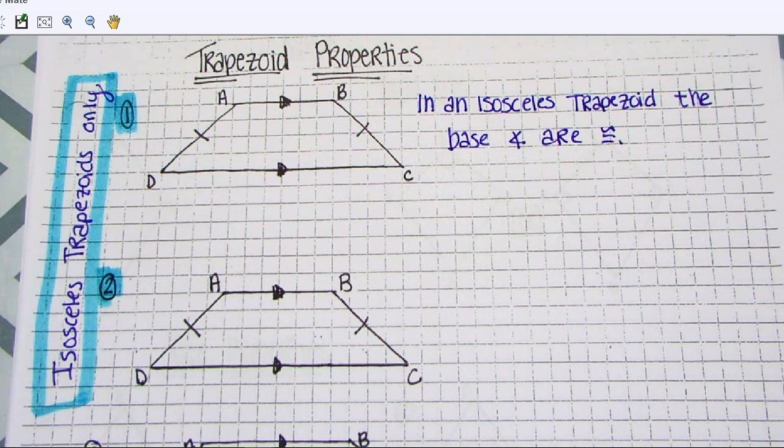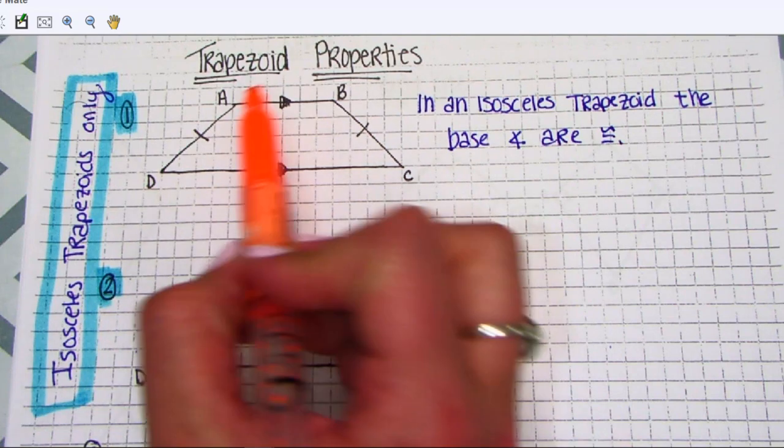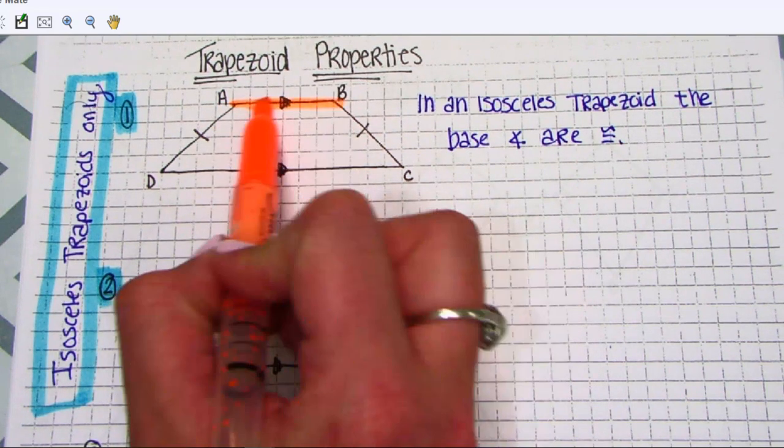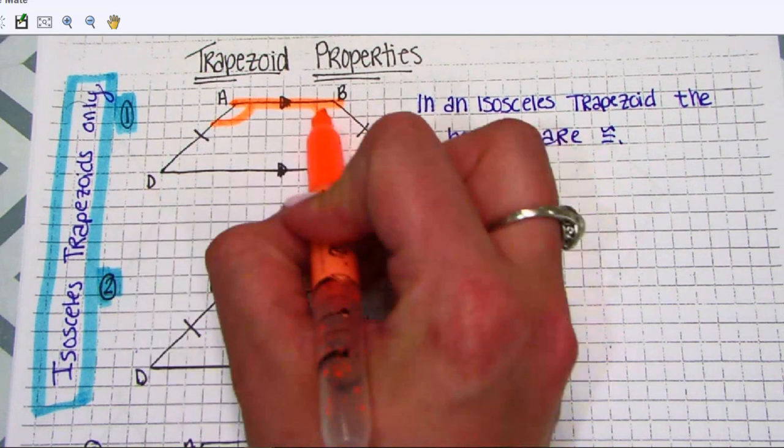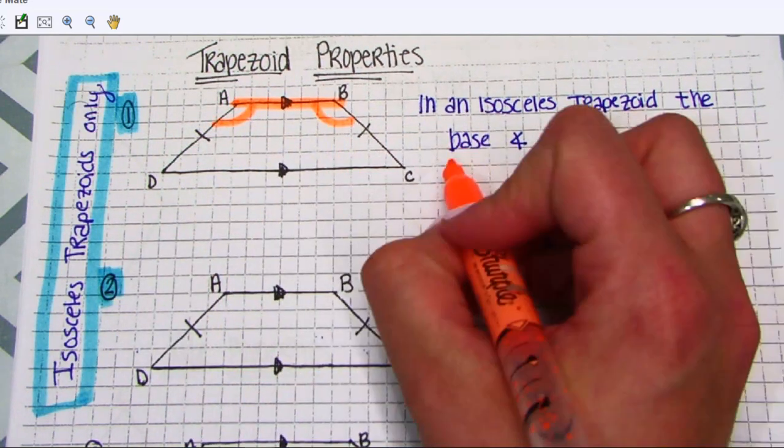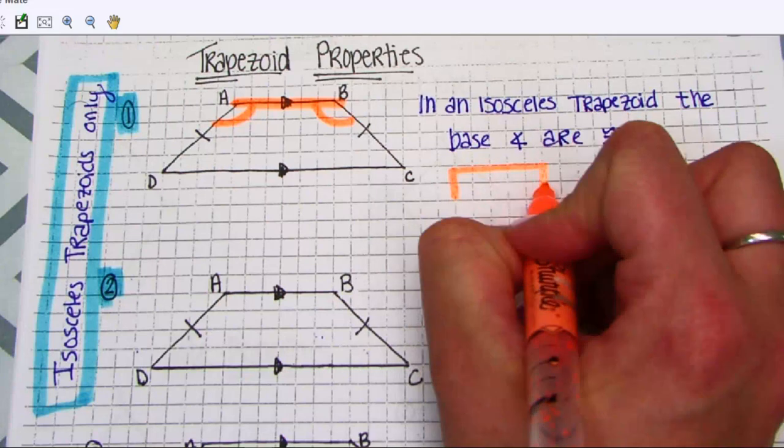So the way that you find the base angles, or you look at the base. So the base, those are the sides that are parallel to each other. And the base angles sit on the base. So if you're looking at the first picture, this is the first base, AB, which means angle A and angle B are going to be equal, because they sit on the same base.